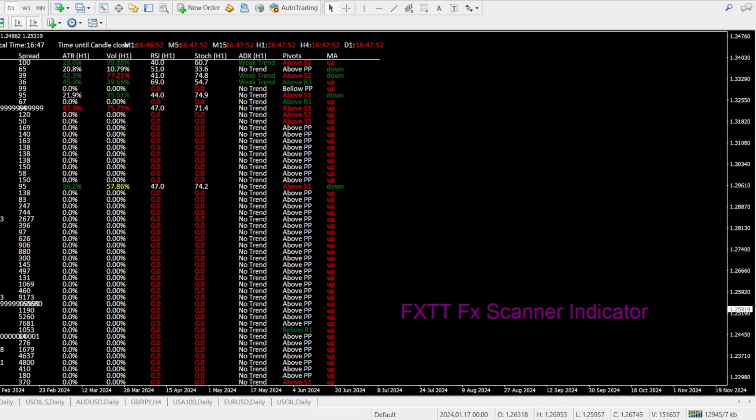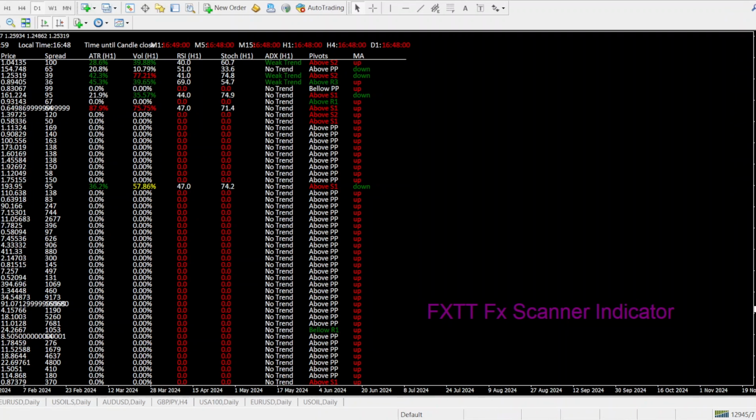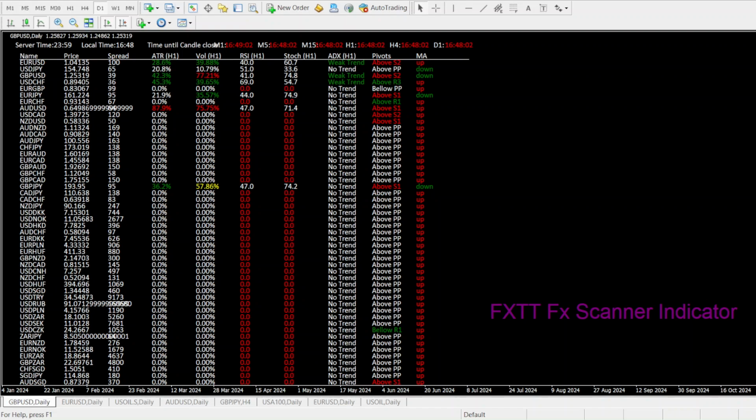Once you have successfully loaded the indicator on your chart, you will see that there are multiple currency pairs here, and the indicator gives you information on those currency pairs based on different technical indicators.